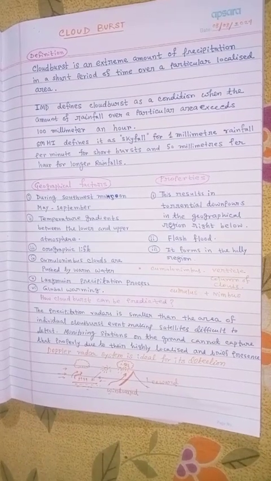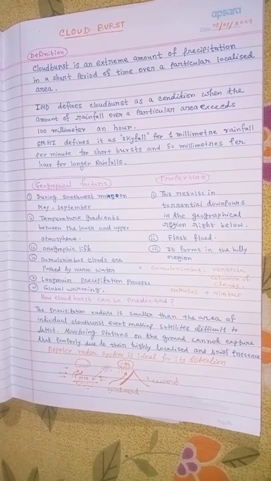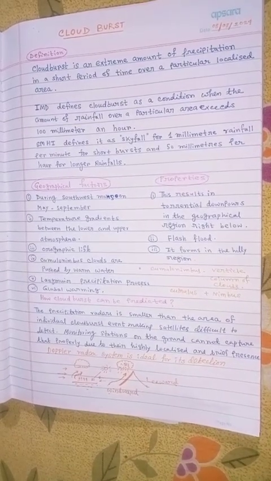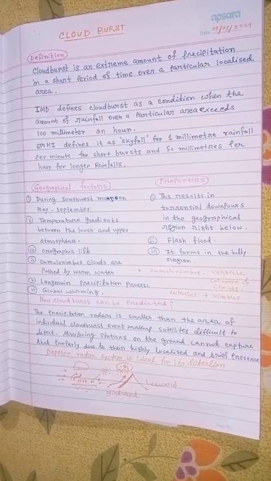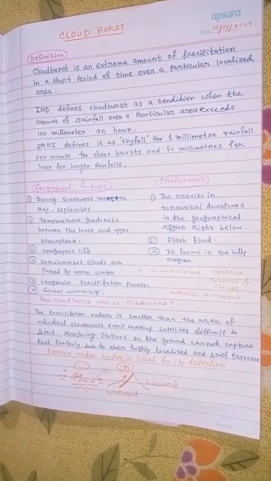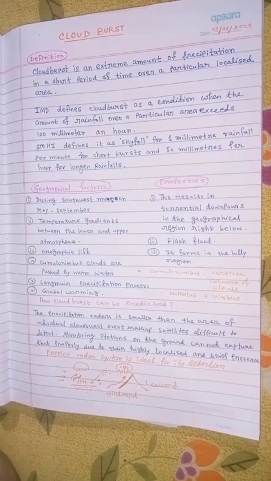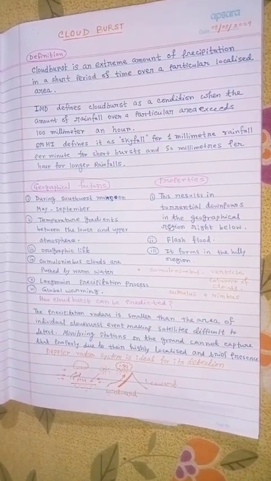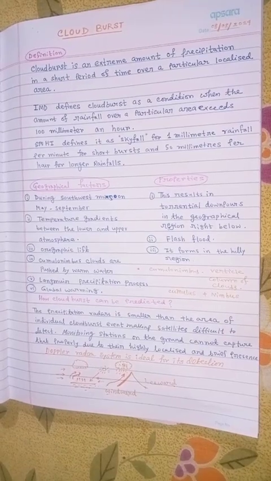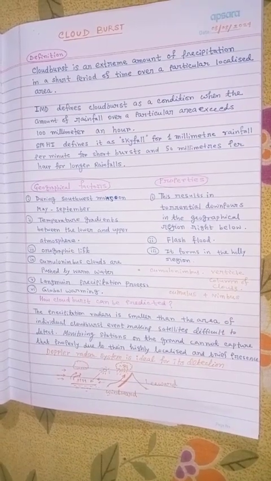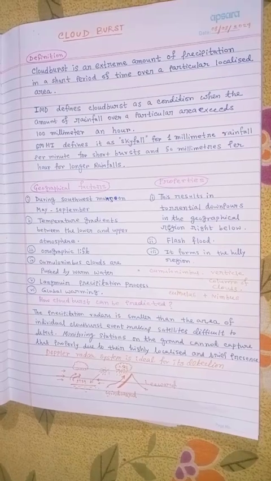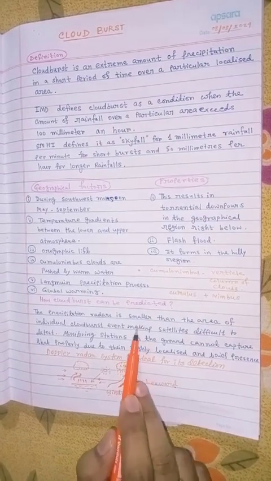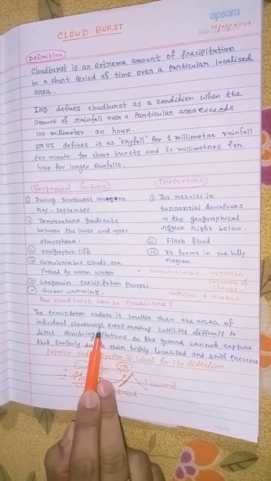So, how can cloudbursts be predicted? Well, there are satellites that are extensively useful in detecting large-scale weather systems. But the precipitation radars of the satellites, which are useful in detecting extensive and large-scale weather systems, are unable to detect the small-size cloudburst.